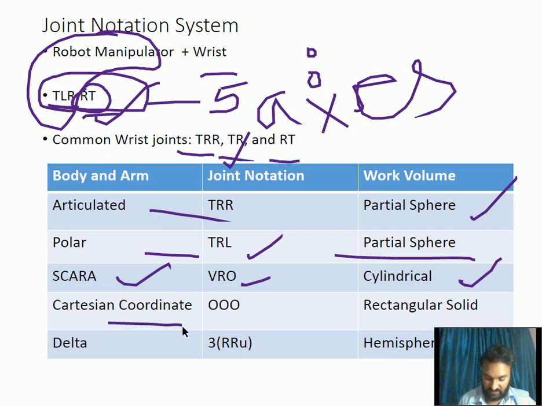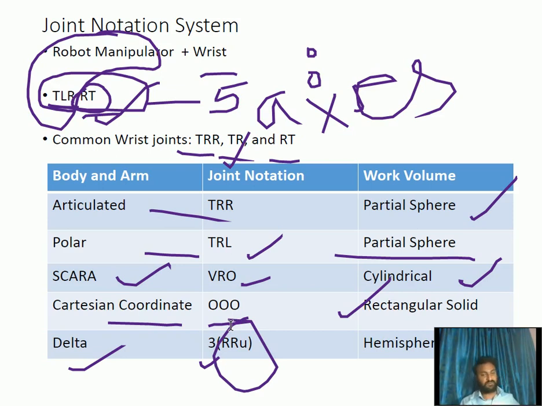Cartesian is orthogonal, orthogonal and orthogonal, and that is a rectangular solid. And delta is 3 rotational, RRU, hemispherical. Oh, wait a minute, what is the notation of RRU?